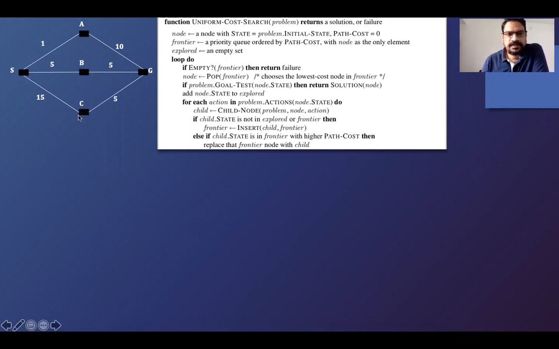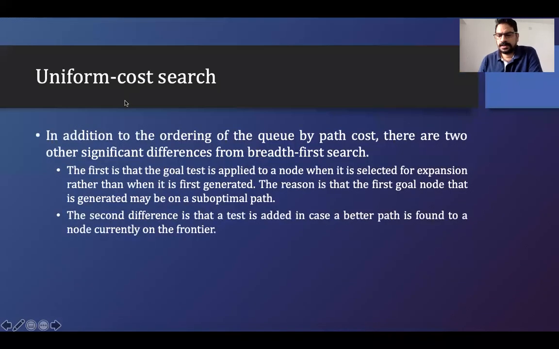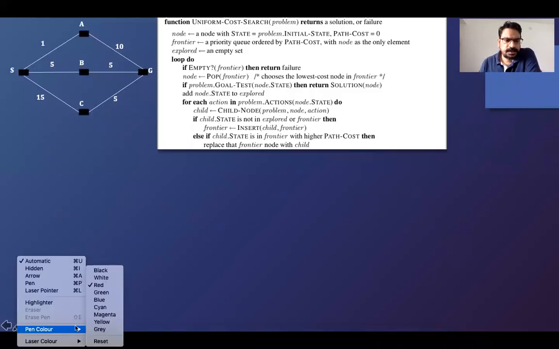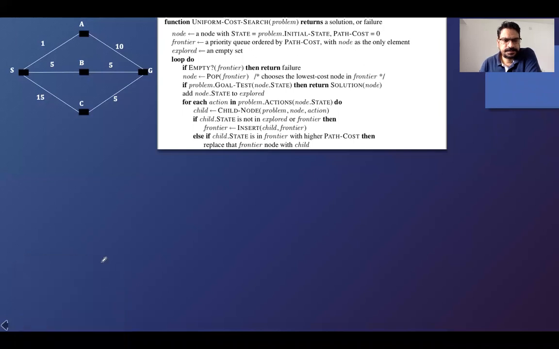In between, we have different states, and the number written on each edge is nothing but the path cost. Our task is to start from the starting state and, according to the algorithm, reach the goal. We have to find the goal. So let's start from the beginning.